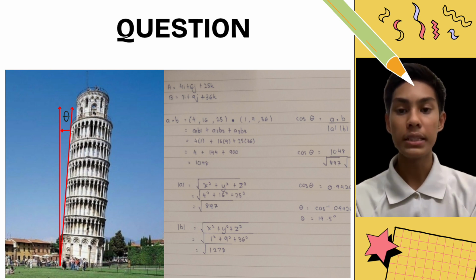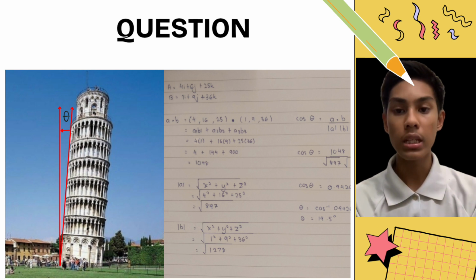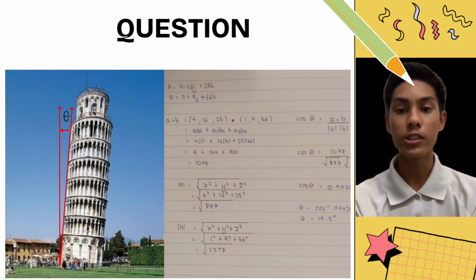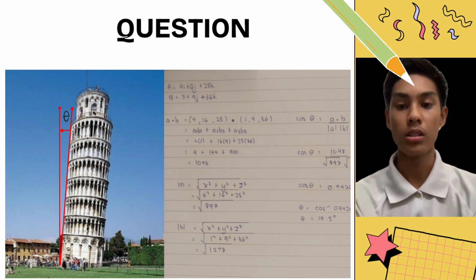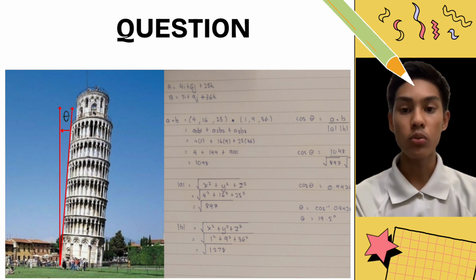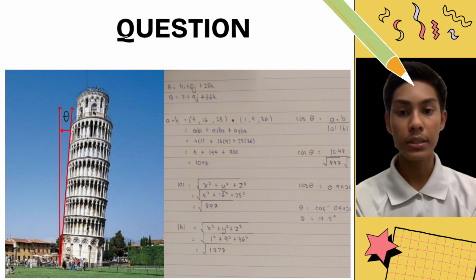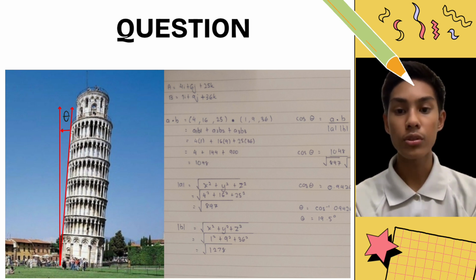Next is to find the angle. To find the angle, we should use the formula cos theta equals A dot B divided by the magnitude of A times the magnitude of B. So cos theta equals 1048 divided by square root 897 times square root 1378. So using the calculator, you should get cos theta equals 0.9426.